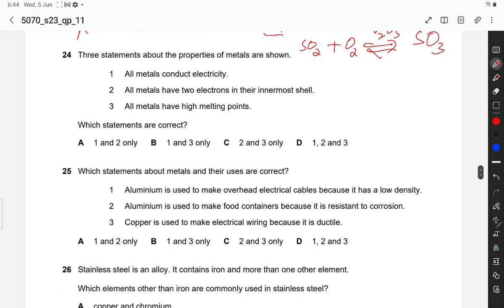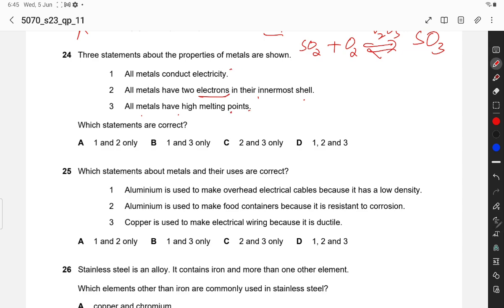Three statements about the properties of metals are shown. All metals conduct electricity. All metals have two electrons in their innermost shell. All metals have a high melting point.